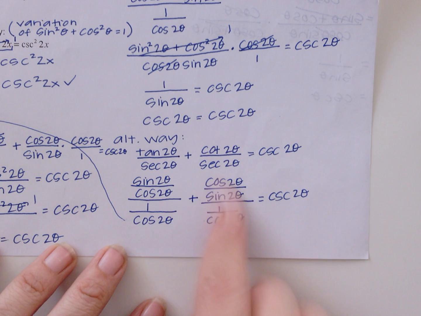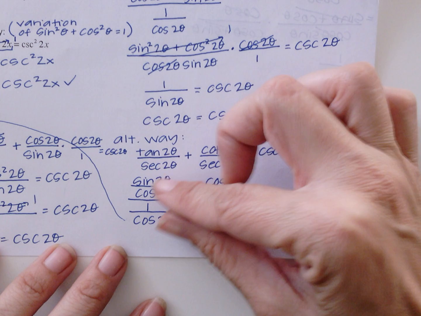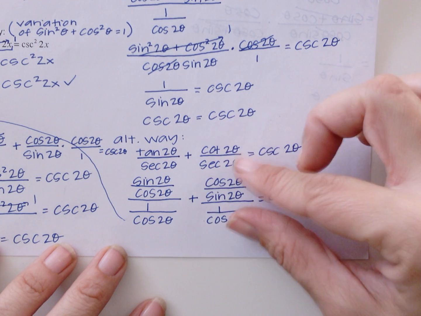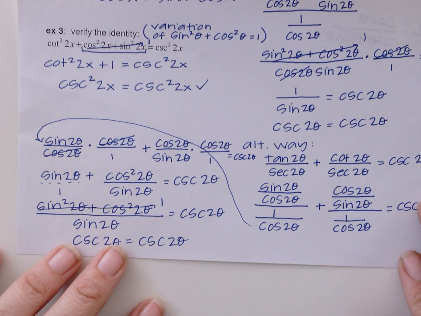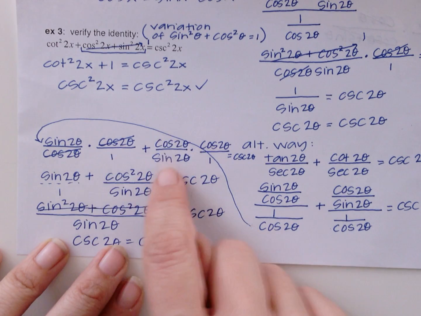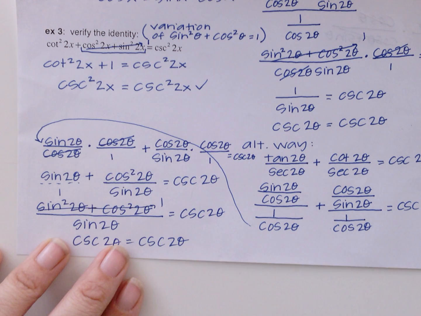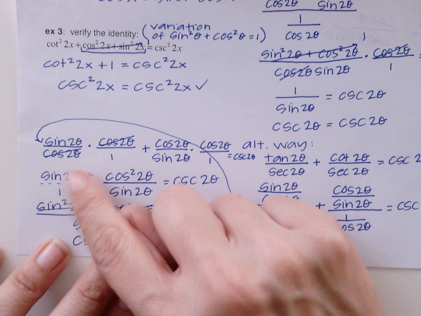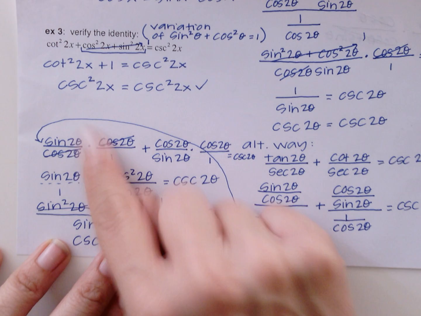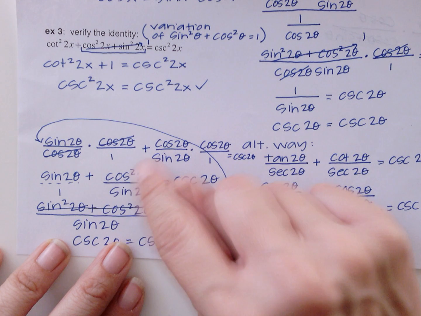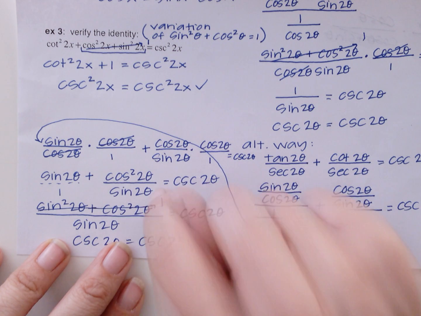So let's keep going with this right here. We switched everything to sines and cosines, and now we have to copy dot flip this fraction, and we have to copy dot that fraction. So you can see my arrow coming over here to do that. This one cancels. So I have sine 2 theta, which is from the first fraction, plus cosine squared 2 theta over sine 2 theta.